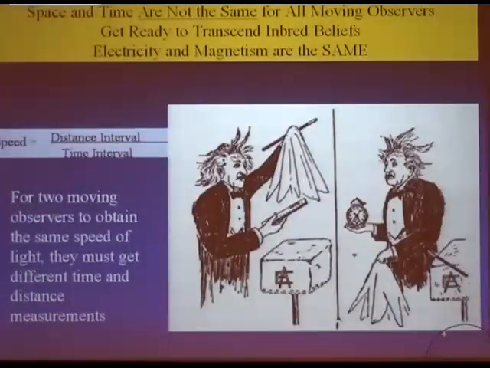Now, this theory of relativity also changes another inbred belief up to that time, that electricity and magnetism are two different phenomena. And what his theory showed is that electricity and magnetism are really one and the same phenomenon. Okay? And that's really strange, and you'll see how strange that is. But it's a natural consequence that comes out of this theory.